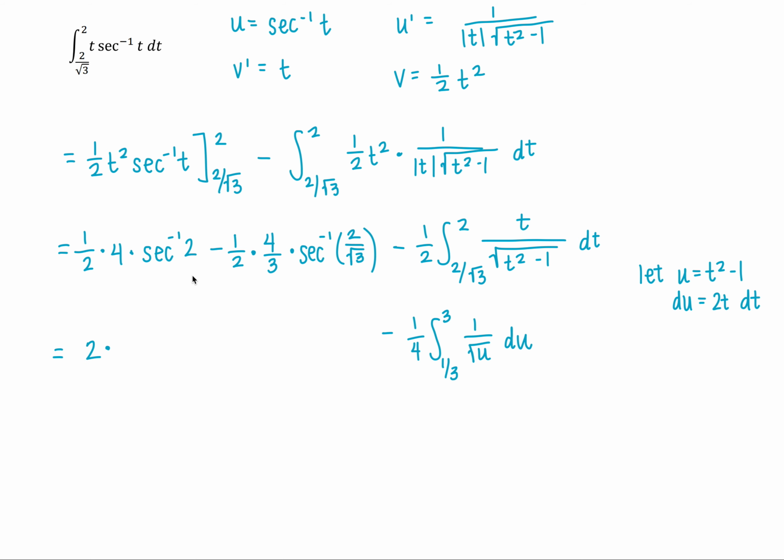Inverse secant of 2 is pi over 3. Minus 1/2 times 4/3 is going to be 2/3. And the inverse secant of 2 over the square root of 3 is pi over 6.